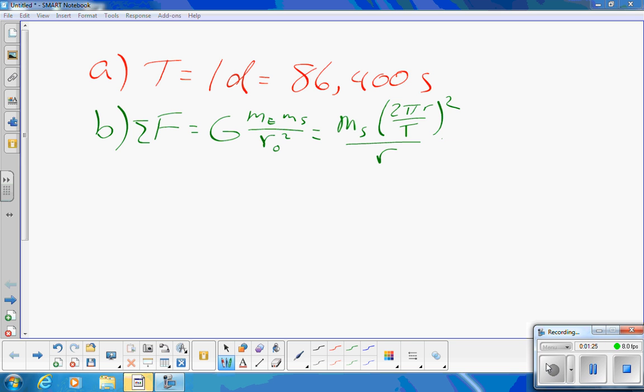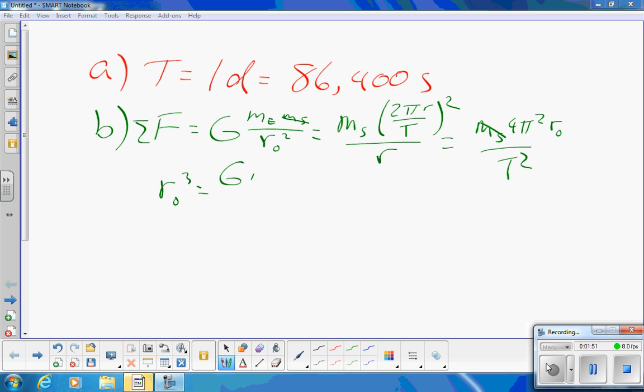So that ends up being mass of satellite times 4 pi squared r over T squared. Mass of satellite cancels, and we're looking for r. Those are the same r because it's the radius of the orbit. And so we have to solve for r. Looks like r cubed is equal to a bunch of stuff.